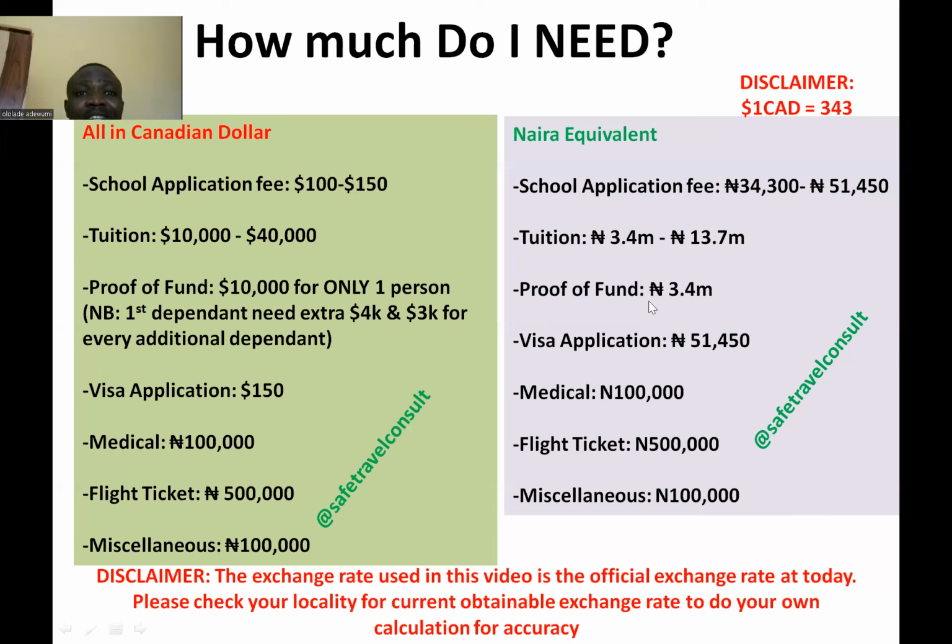Miscellaneous is just extra cash that you can use for any other expenses that can come up along the line, maybe to go to the bank to get your document, to send your document through courier services, to receive your transcript from the school and all of that. So just budget like 100,000 naira for every other additional expense that might come in.